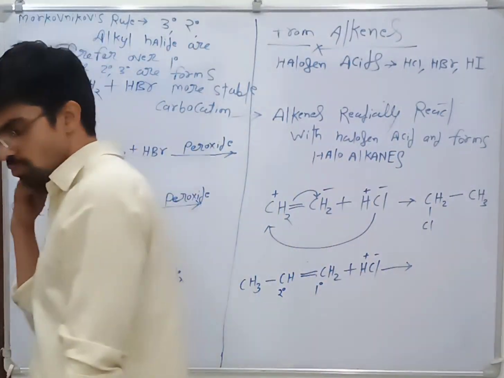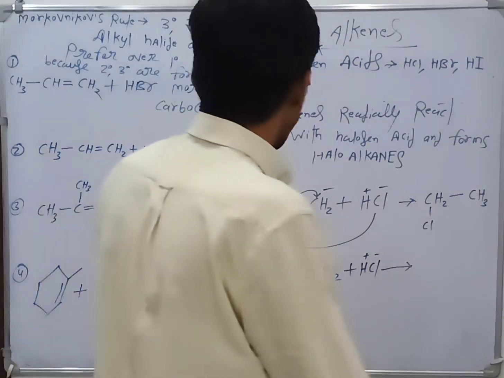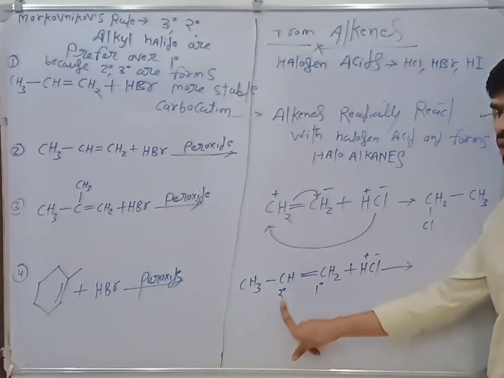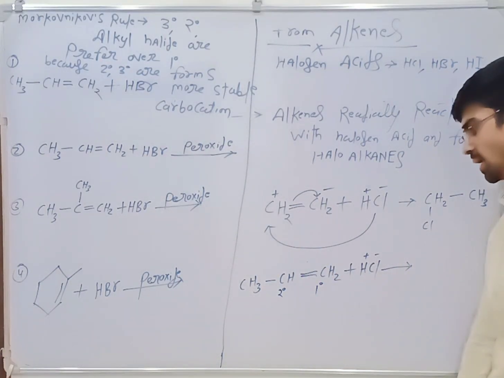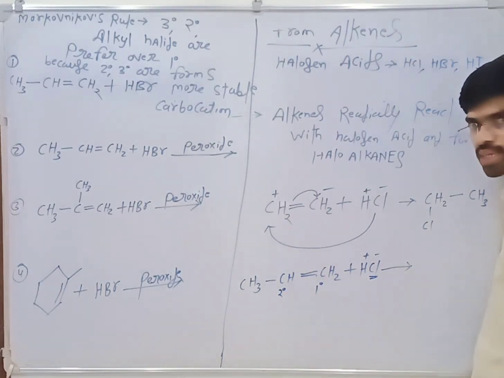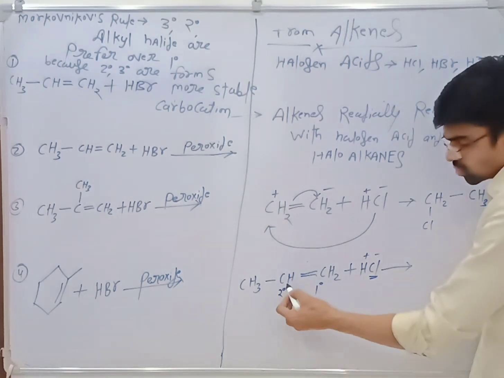So see, one major thing you have to remember, that in alkene, 2 degree or 3 degree alkyl halides are preferred. It means the Cl must be attached to the 2 degree carbon.